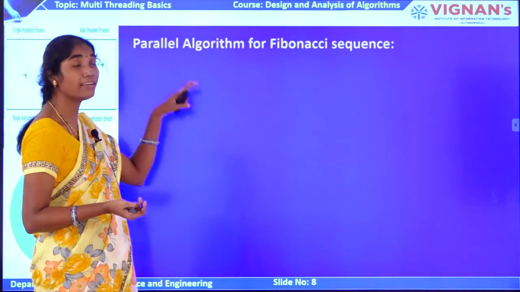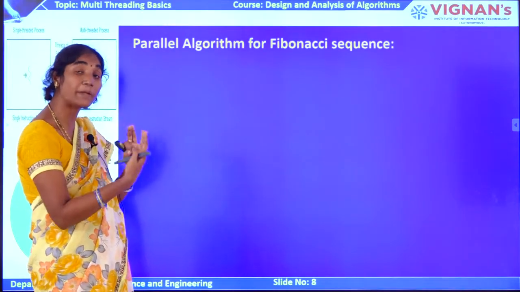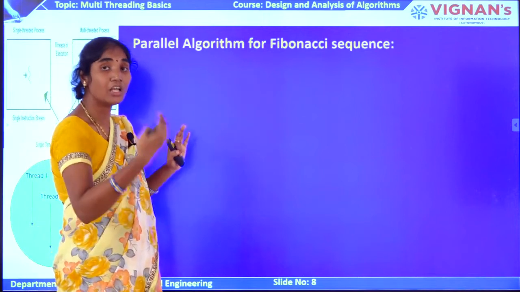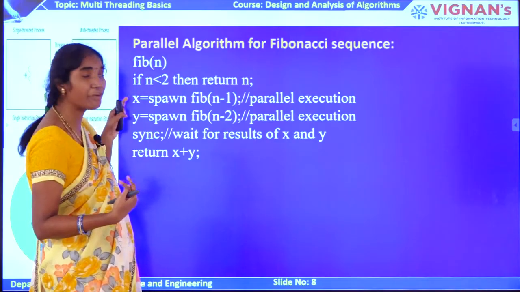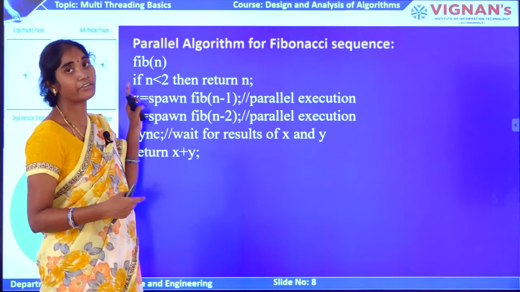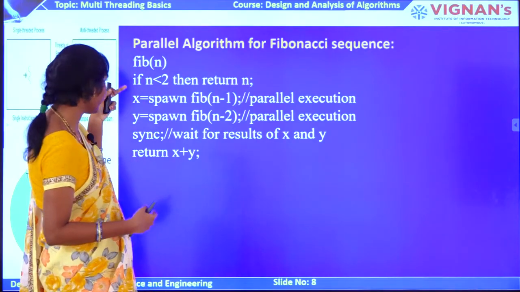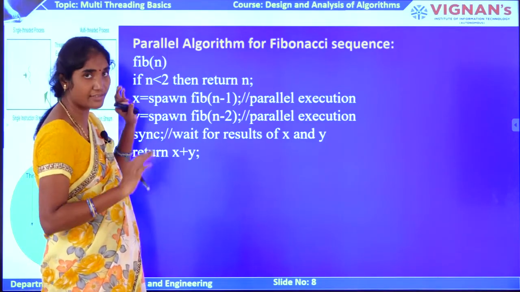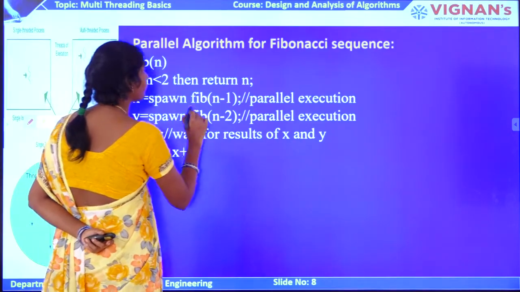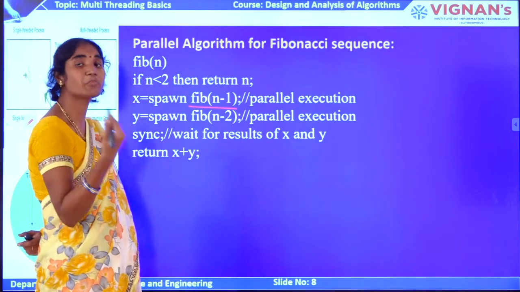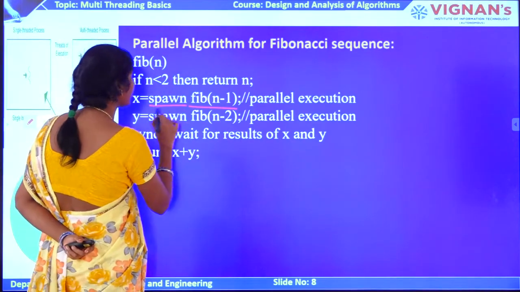Now the parallel algorithm. I want to incorporate multi-threading into the Fibonacci sequence, right? So this is a modified algorithm which uses the multi-threading concept. If n is less than 2, then return n. This is a simple statement like the previous one. Here I am making fib of n minus 1. To find fib of n minus 1, I am using spawn.